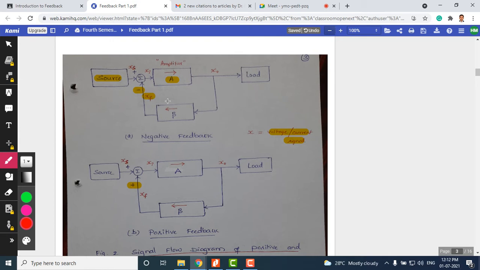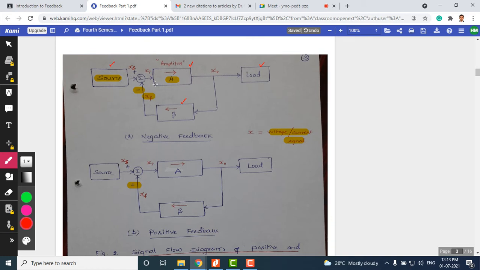Now let us look at positive feedback and negative feedback with a block diagram illustration. Generally any feedback system will have these 4 prominent blocks, as you can see here: the source block, an amplifier block, the output load, and a feedback network. So these are the 4 blocks. Any feedback mechanism, in any system, electronic or non-electronic, engineering or non-engineering, will incorporate these 4 blocks.